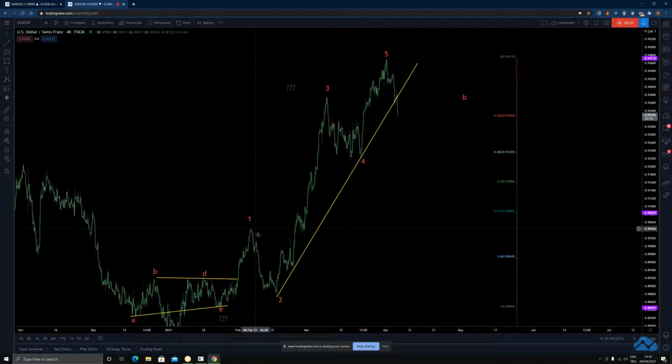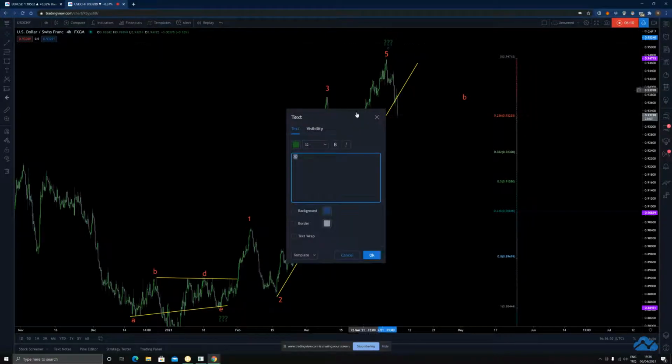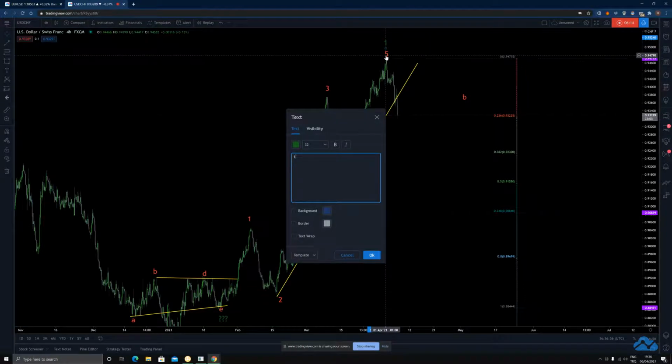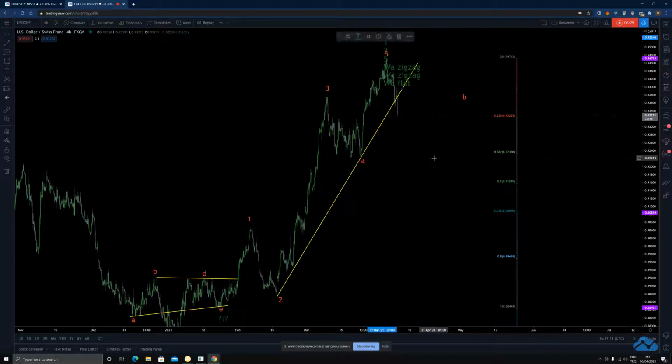So if this is 1 2 3 4 5, it means that it started an impulsive move. If it started an impulsive move, then we have to ask ourselves a couple of questions. Is this a first wave, a third wave, or a fifth wave? Or wave A of a zigzag, wave C of a zigzag, or wave C of a flat? Okay, so if you're going this route, this is one of them.